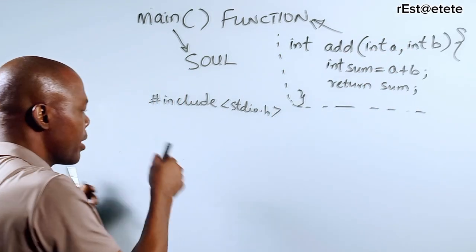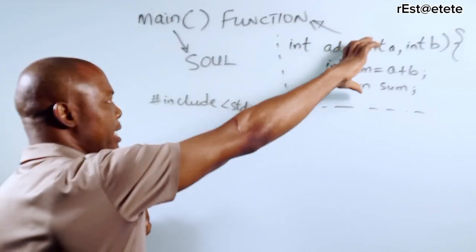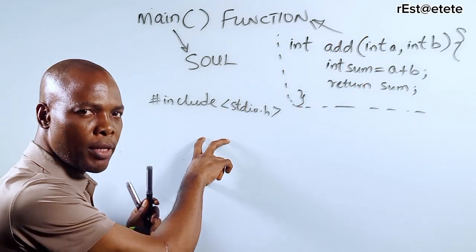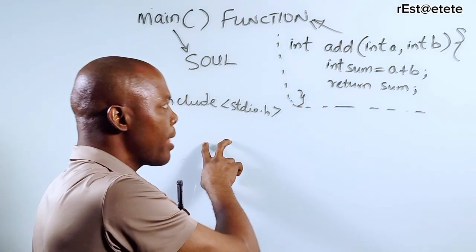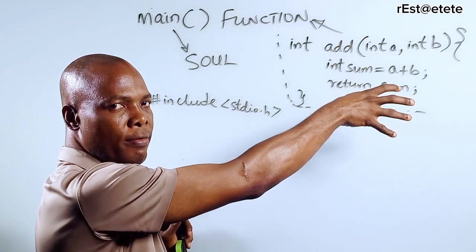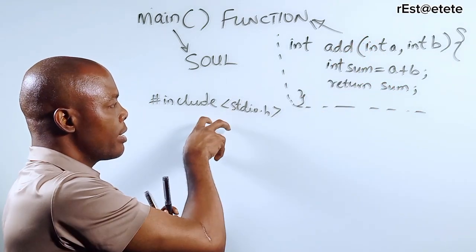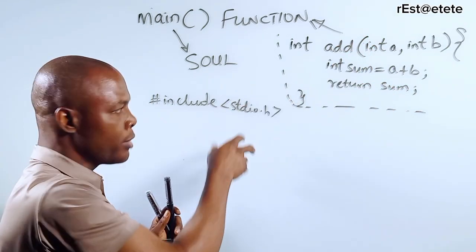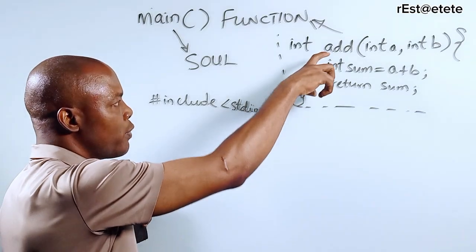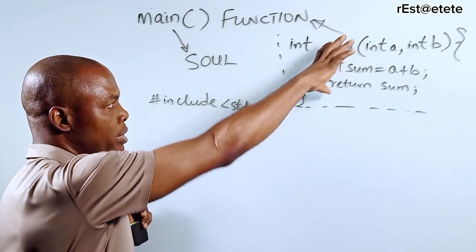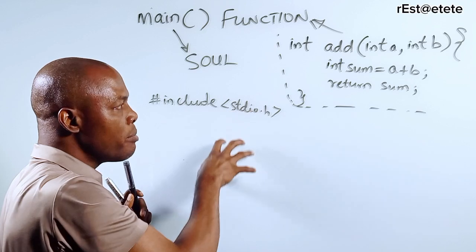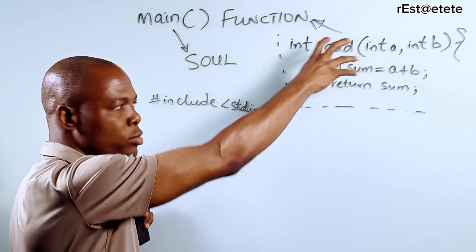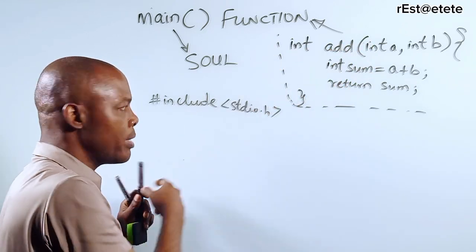Now, I can decide to create this function inside the same place where I'm going to create the main, or I can create this function in a different file and then bring it in when I'm calling. Because I'm creating this function here, but I want the main to know that this function already exists, I have to declare this function inside this place.